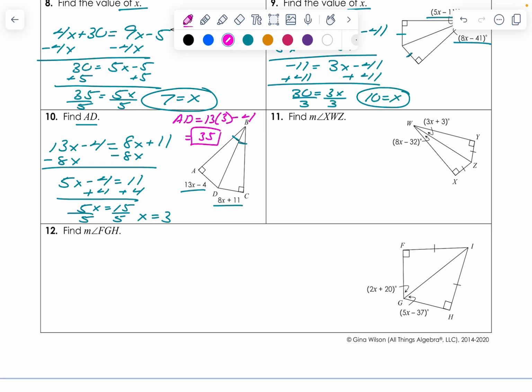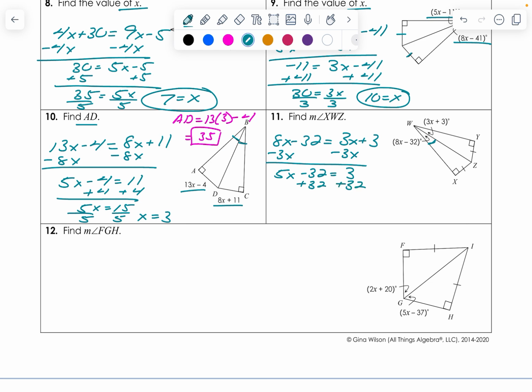And let's see, for this one, XWZ. So we're looking for this one right here. And we know that these are equal. So we have 8x minus 32 equals 3x plus 3. So minus 3x from both sides. We get 5x minus 32 equals 3.